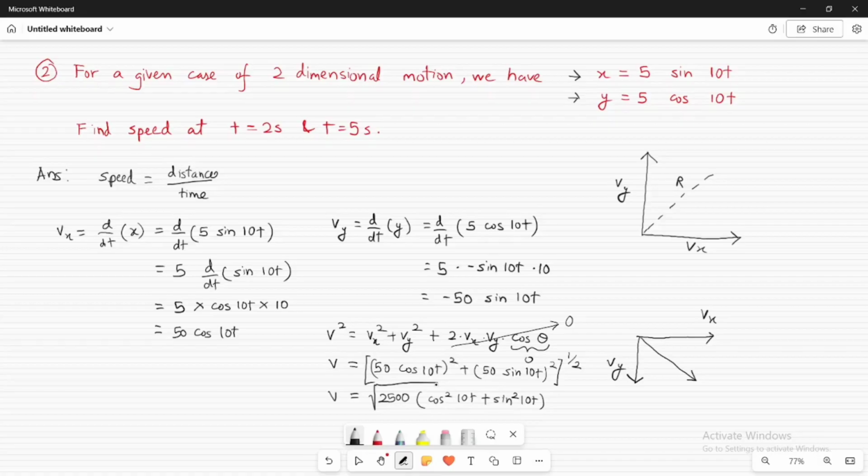That means V equals root over 2500, or 50 meters per second.